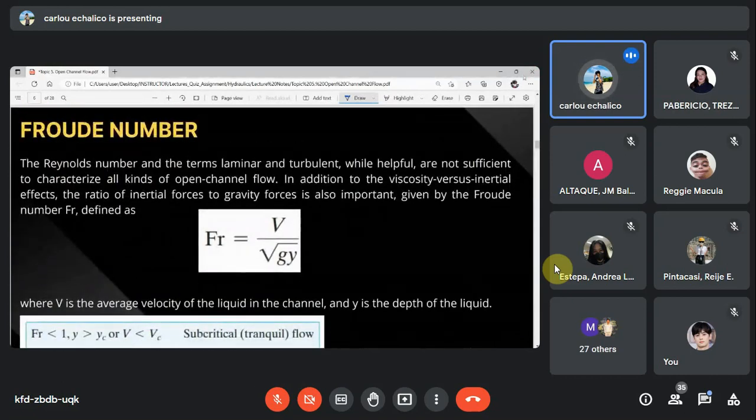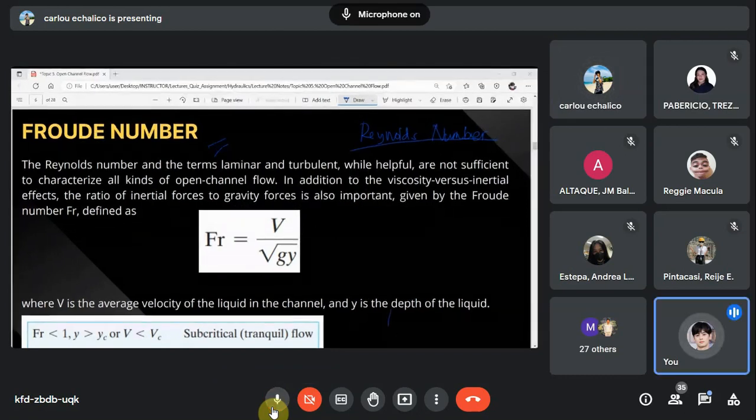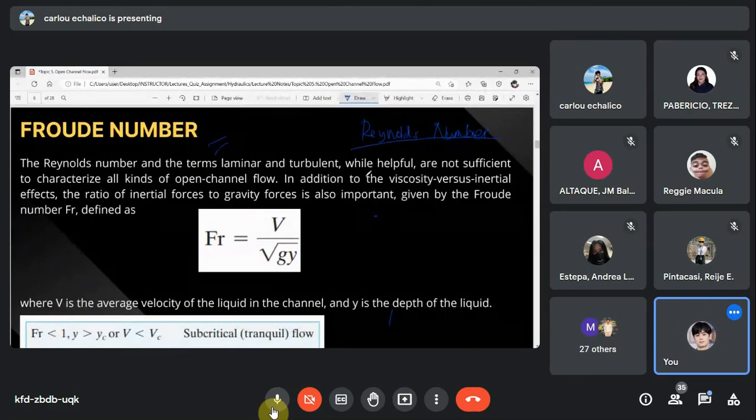So, next one is Froude number. In conduits, we call it the Reynolds number, right? What is the Reynolds number used for? Anyone who remembers? Reynolds number, sir, is used to determine if the flow is turbulent or laminar.